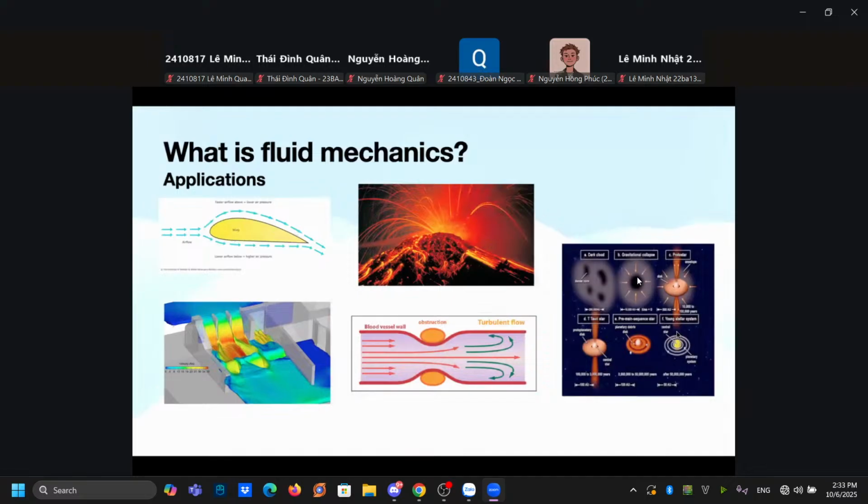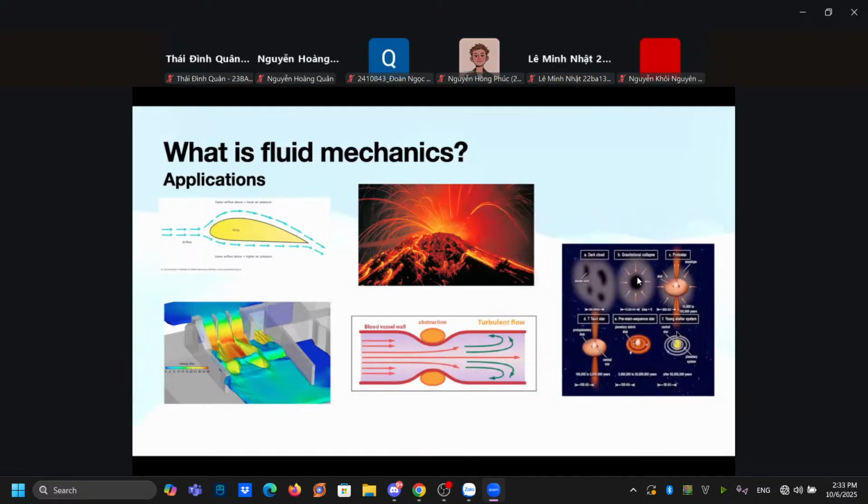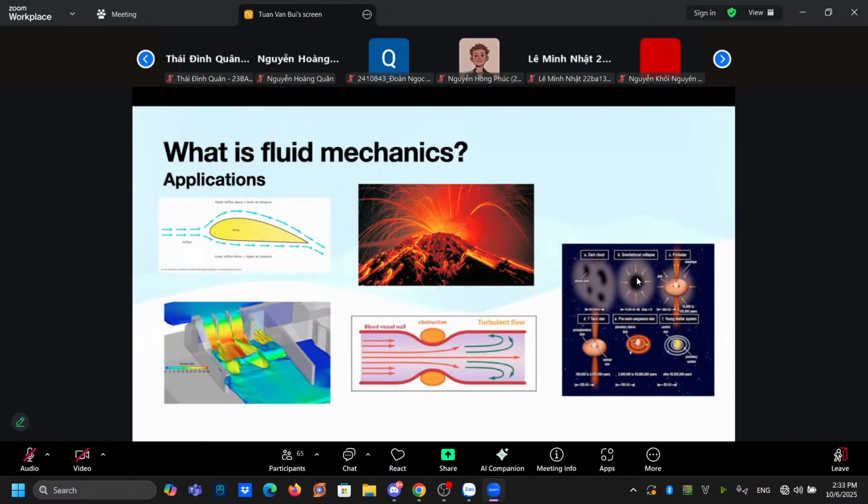Or go further, for students following astrophysics or cosmology, you study the evolution of dust and gas in the universe, and how planets form.